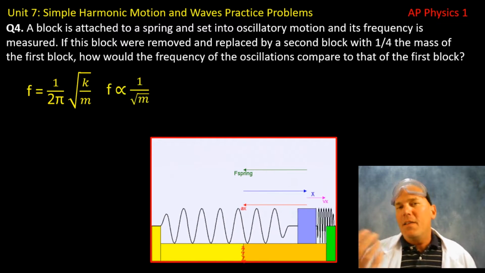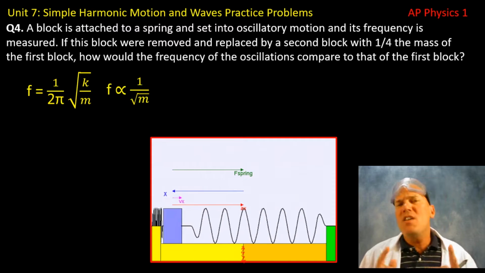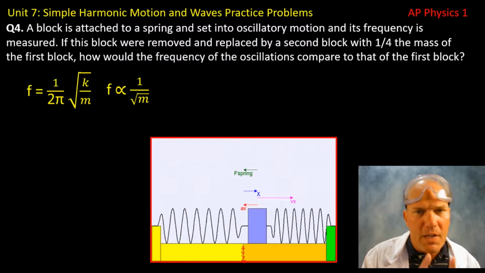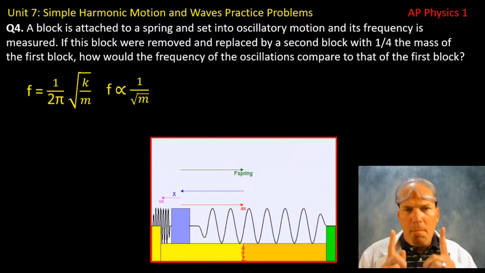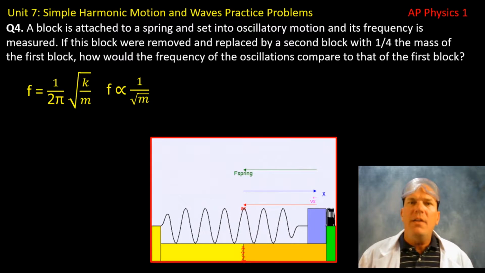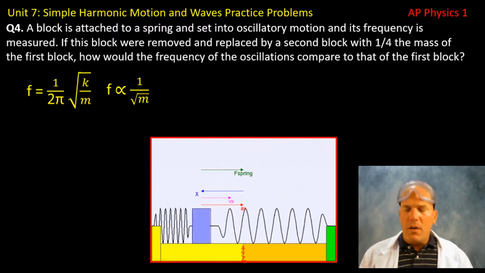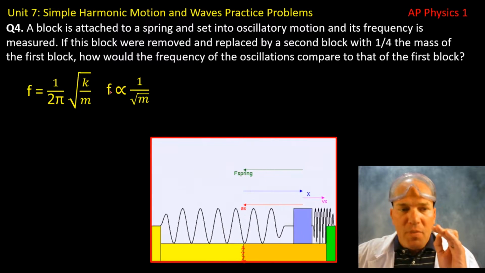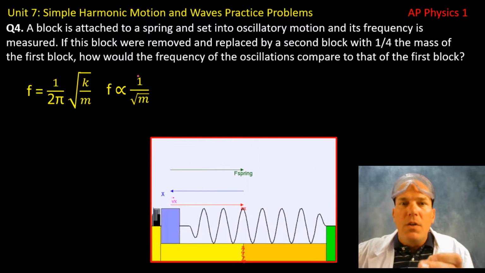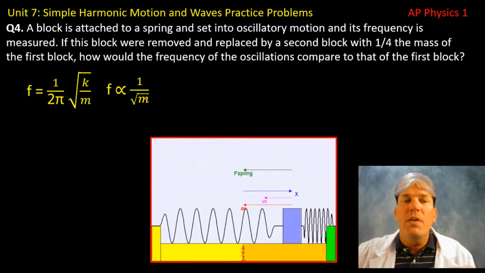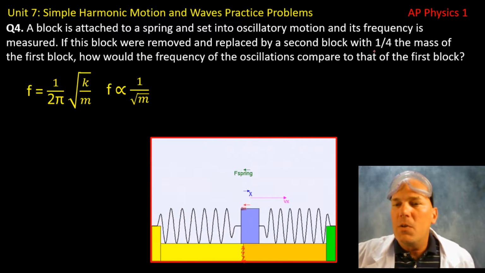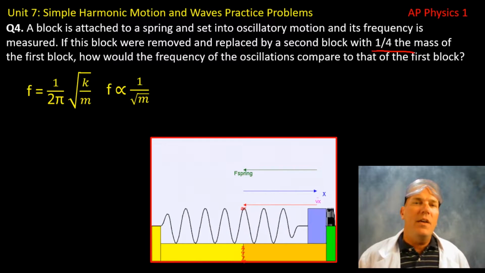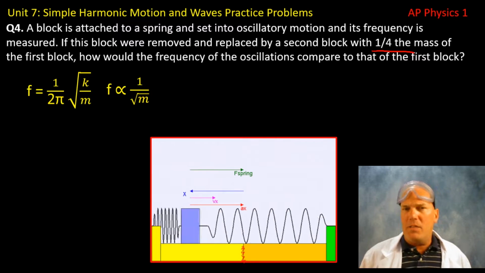Let's look at the fact that frequency is proportional to the inverse of the square root of mass. Mass is in the denominator under the radical, so our expression for comparing using mathematical reasoning is frequency is proportional to the inverse of the square root of mass. We are told in the problem that this second block has 1/4 of the mass.